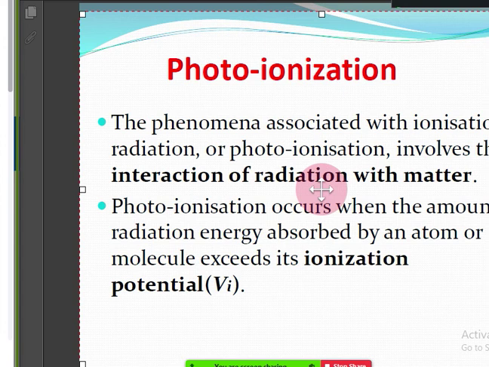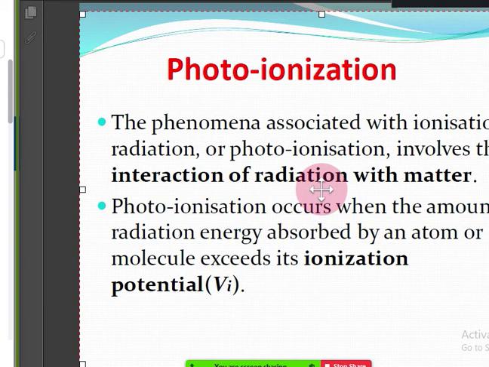Similarly, the process can be reversed. If light falls on the atom, it will get excited. Otherwise, if electrons jump from a higher orbit to a lower orbit, then it will release radiation.